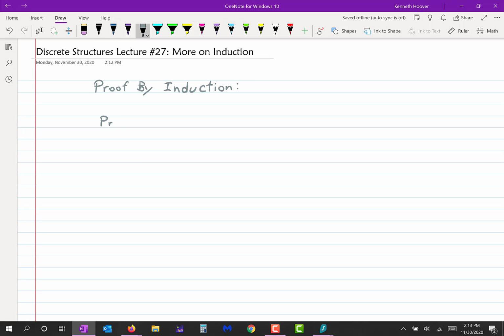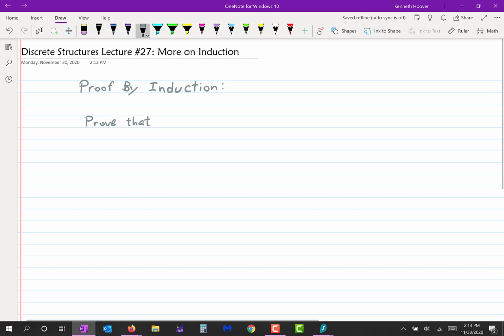So the goal is to prove that some statement, let's just call it P of n, is true for all integers n starting at some point.